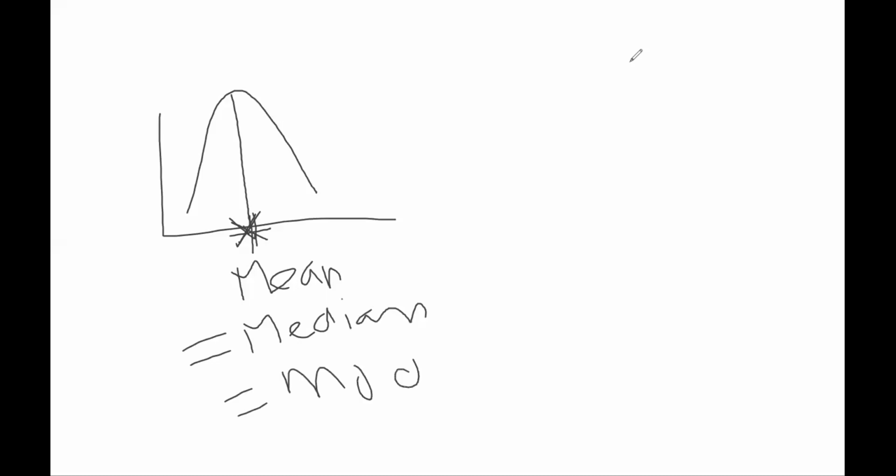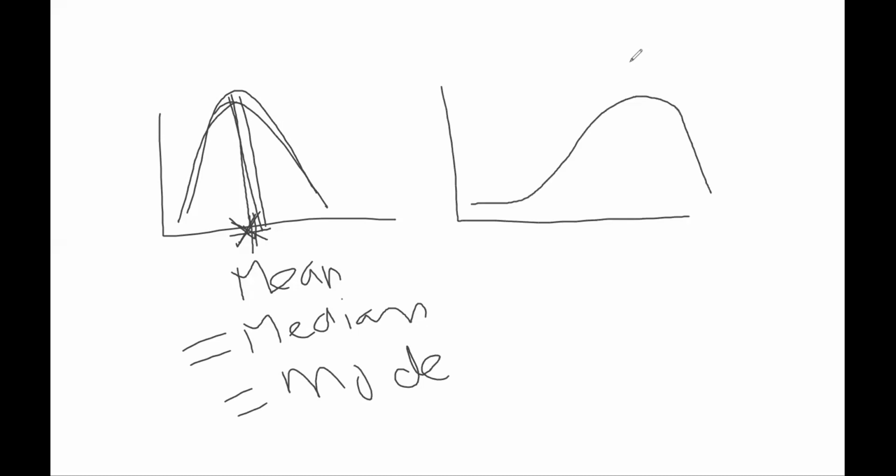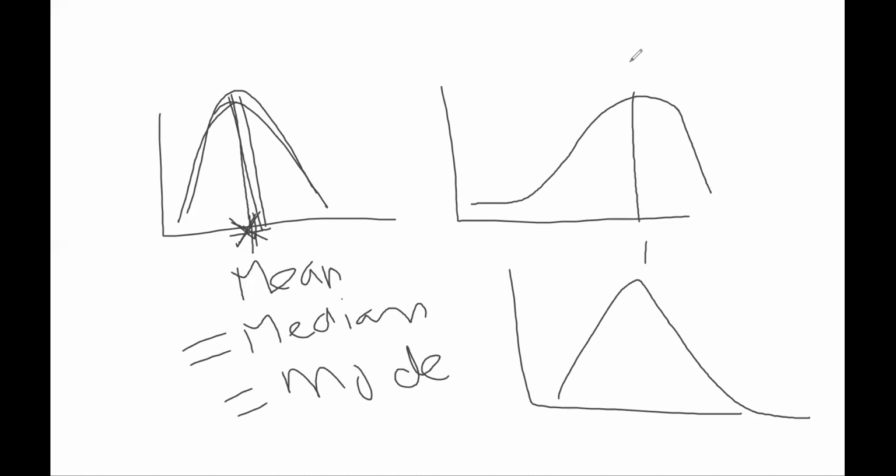So all three values would be equal, and lie at the center. Whereas in case of positive and negative skewed curves, like in case of a negatively skewed curve, this would be the mode, this the median, and this the mean.